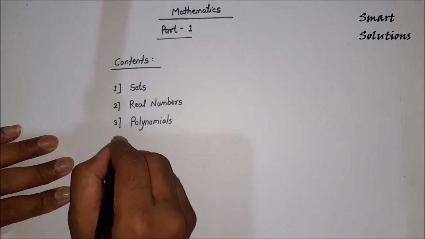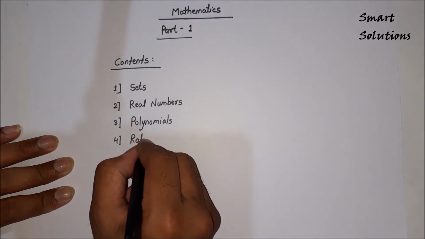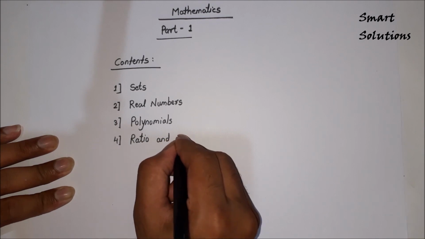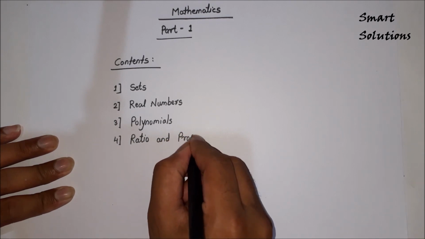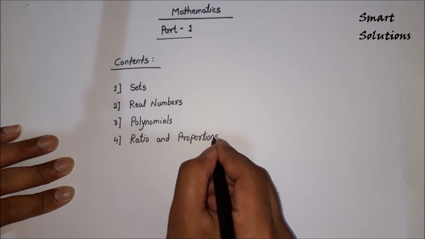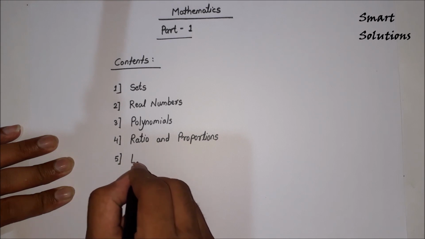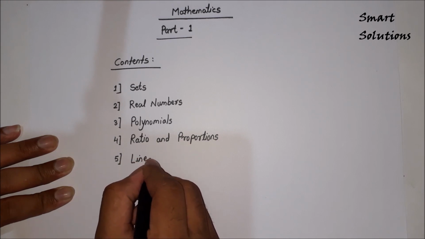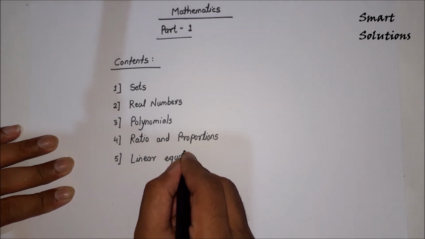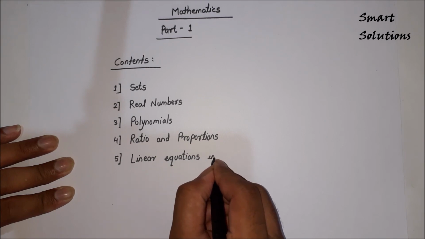Then next chapter, that is chapter 4th, we have ratio and proportions. Then 5th chapter we have linear equations in two variables.